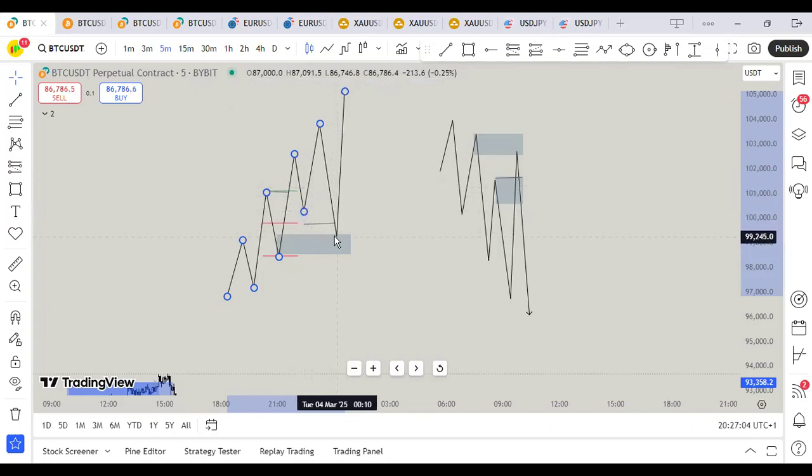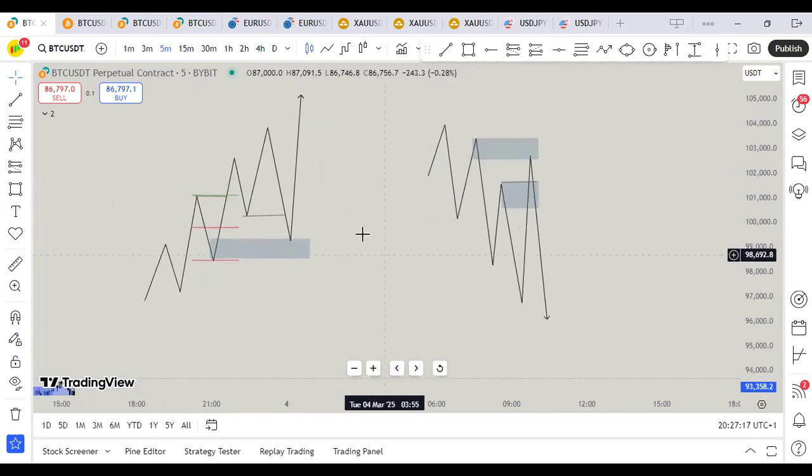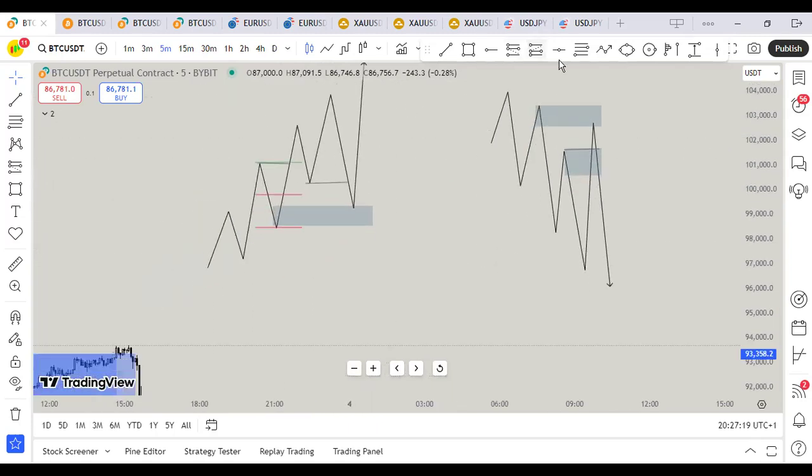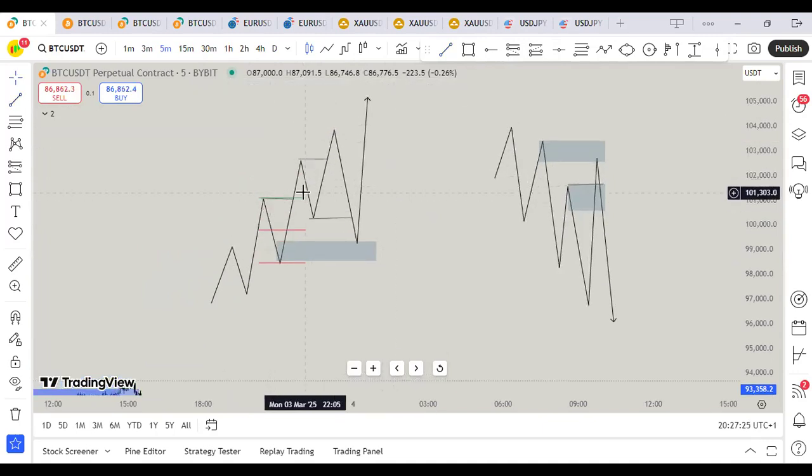Before that is how I mark out my liquidity. Make sure that your liquidity, the inducement, comes back into that zone. Then market breaks structure. This is called structural liquidity. Break of structure 1, break of structure 2.